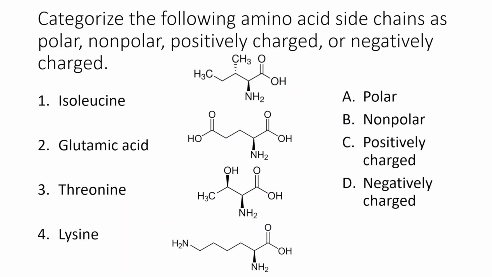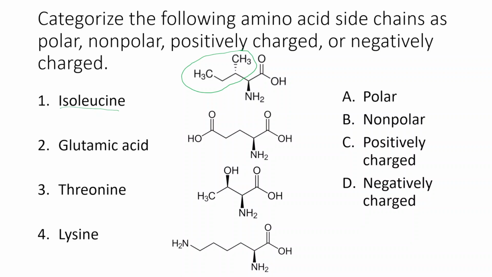Okay, we have these 4 amino acids: isoleucine, glutamic acid, threonine, and lysine. And they are polar, nonpolar, positively charged, or negatively charged. Let's start with isoleucine, which is drawn here. This is our isoleucine side chain. Is that polar, nonpolar, positively charged, negatively charged?